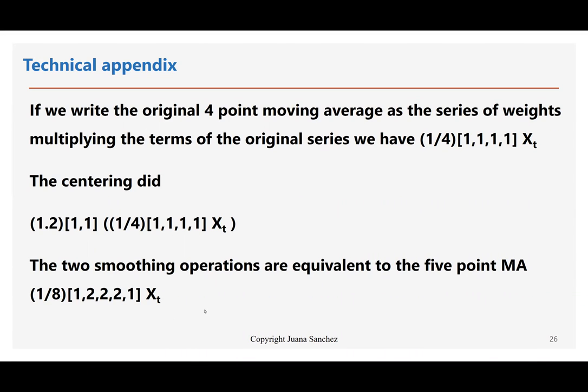So we end up really with a filter, or 5-point moving average. That's exactly what we ended up doing with the two steps: 1/8 times 1, 2, 2, 2, 1 multiplied by the time series for each successive moving term, right?